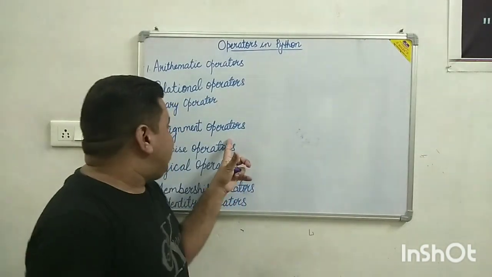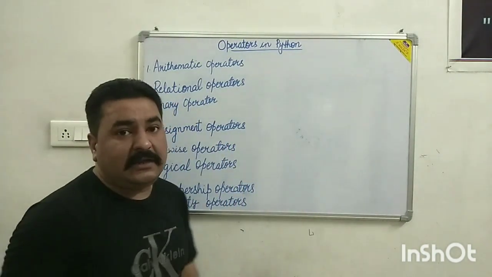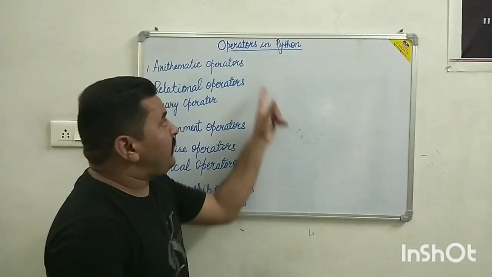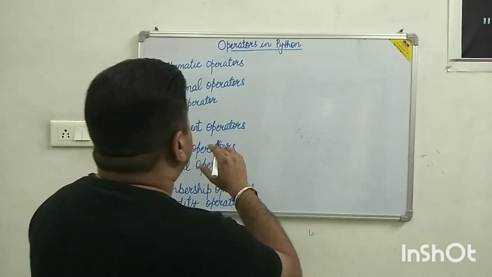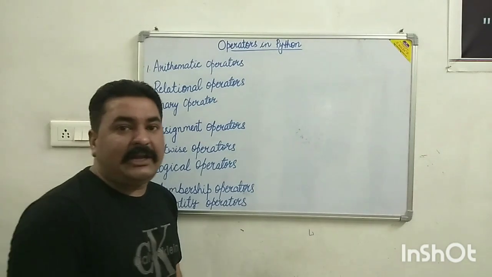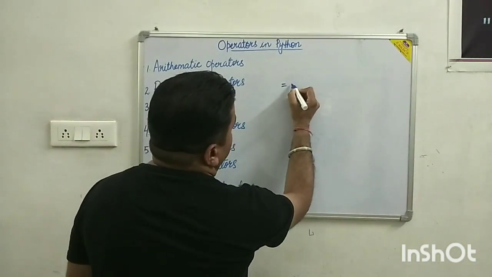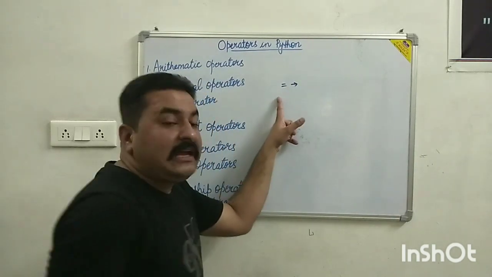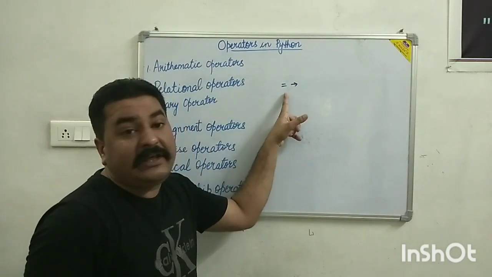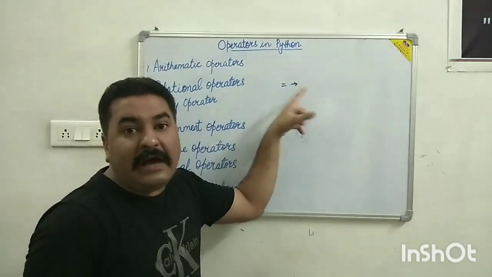We will come to the next operator, that is the assignment operator. This is also a very important operator in Python. When we are using the sign of equal to, that means this equal to is assigning some value to a variable.